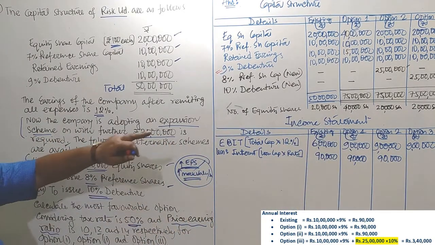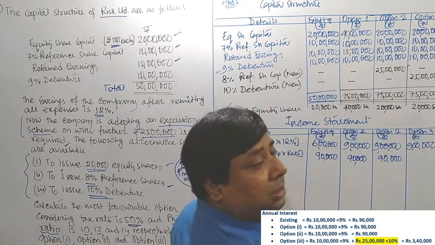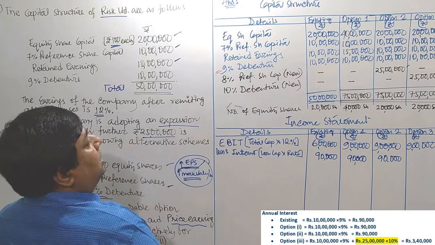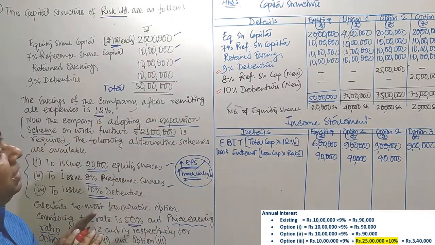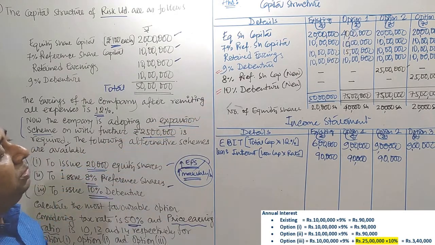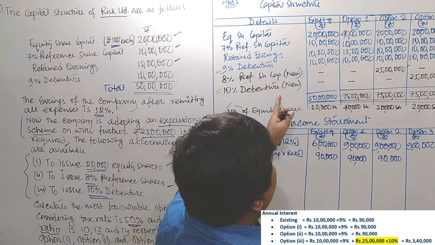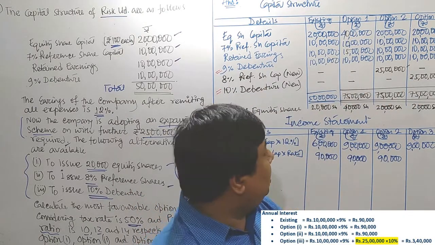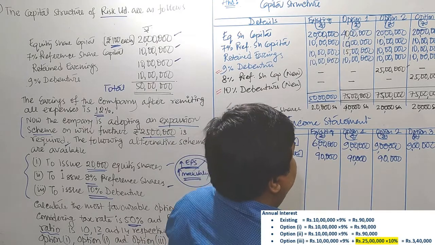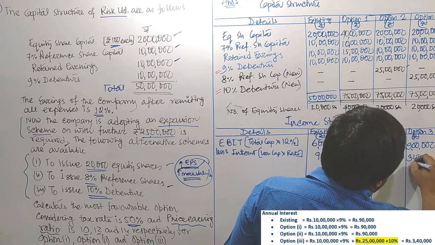But if you look at option 3, it is not only 90,000. In option 3, it is debt financing. You collect that 25 lakh rupees by issuing another debenture also. Then you can write, in option 3, 25 lakhs into 10%, 2,50,000 plus 90,000, 3 lakh 40,000 interest.